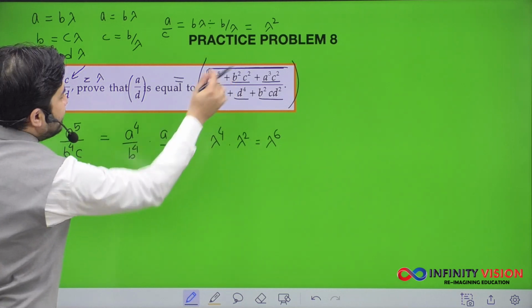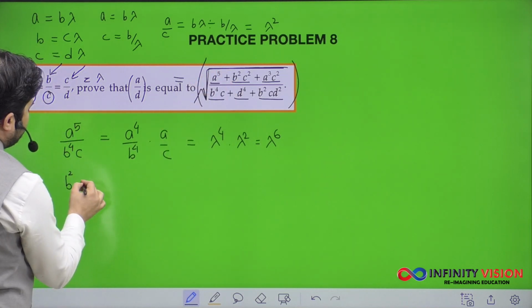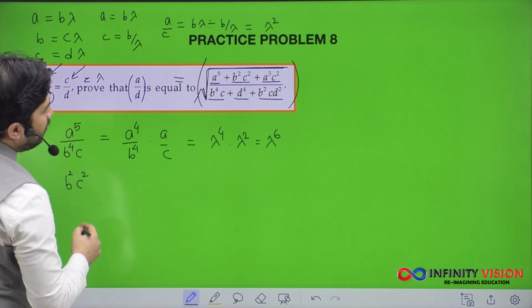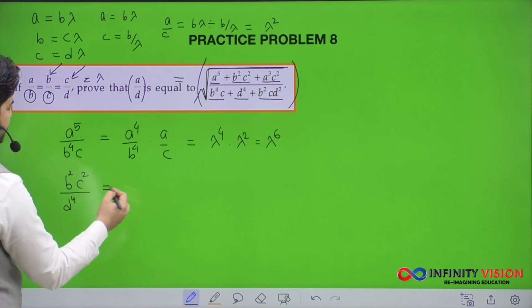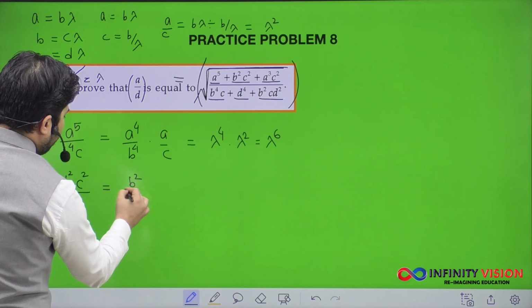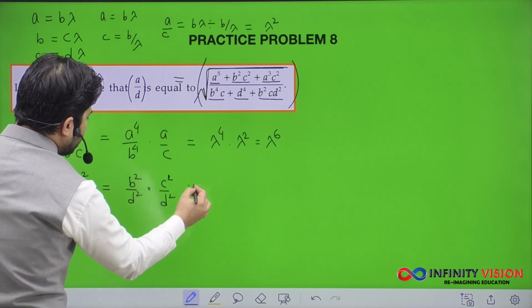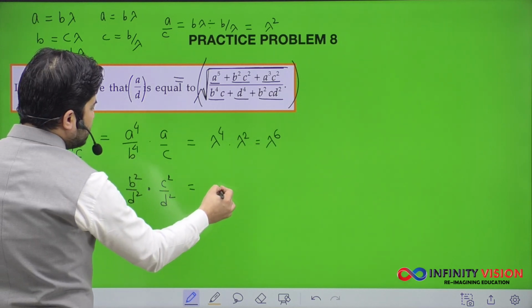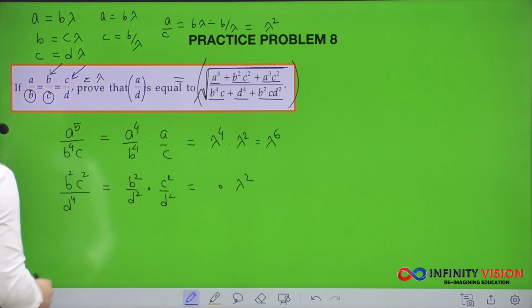What about the second term? The second term is b square c square upon d to the power 4. When I see this, I can simply say that b square upon d square into c square upon d square. Now you know c square upon d square is nothing but lambda square. What about b by d?